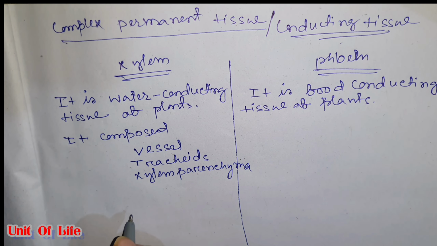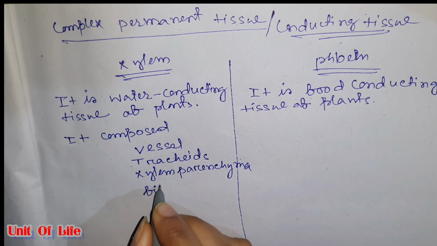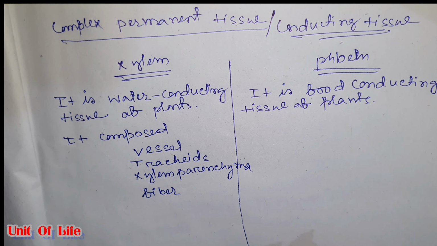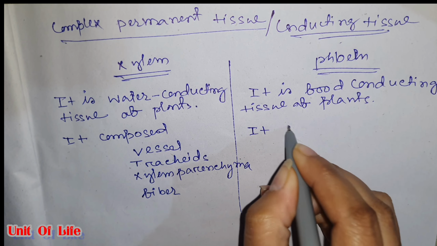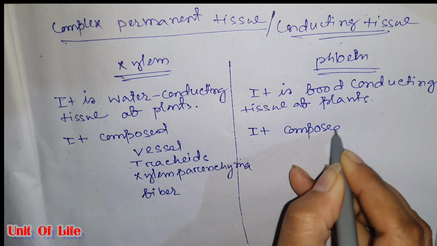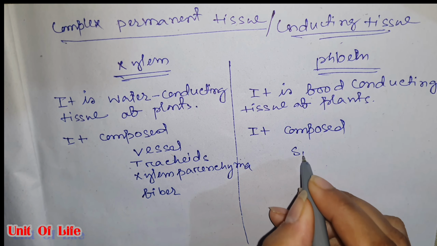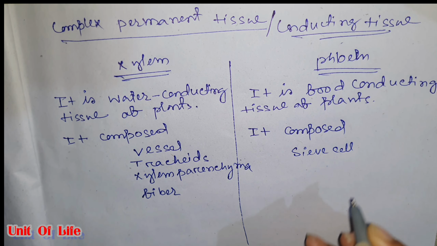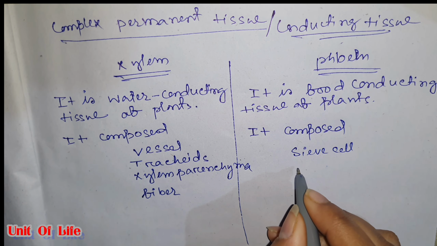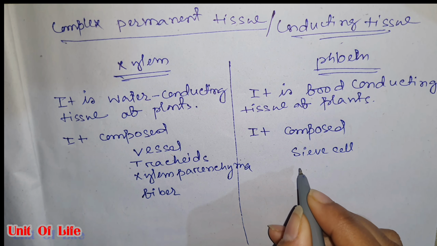The xylem is made up mostly of dead cells, so xylem cells are not able to divide further. Phloem is made up of living cells, but these cells are not capable of cell division.